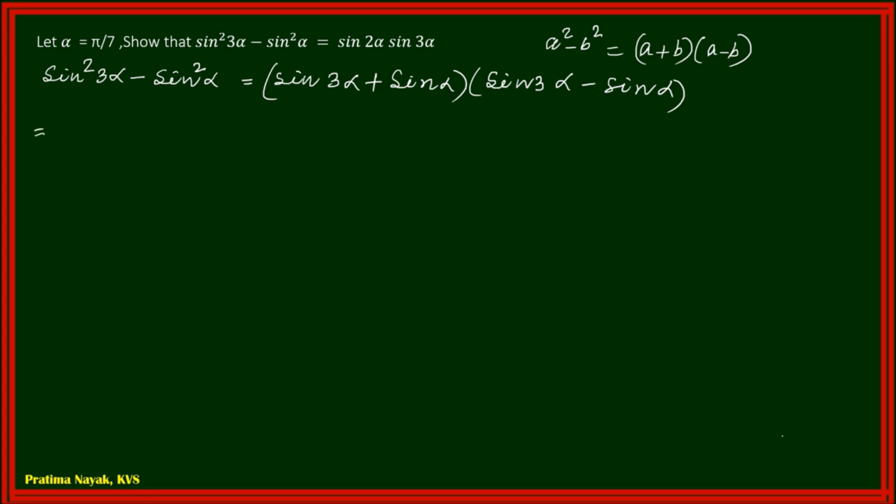Here, sine 3 alpha plus sine alpha, I'll apply the formula sine A plus sine B, that will be twice sine of (A plus B) by 2, that means (3 alpha plus alpha) by 2, whole multiplied by cos of (A minus B) by 2, so (3 alpha minus alpha) by 2.